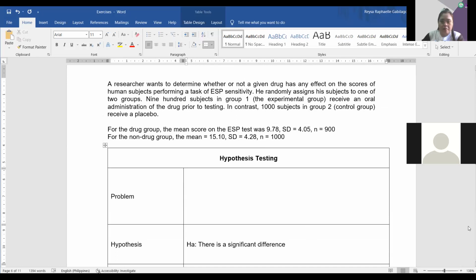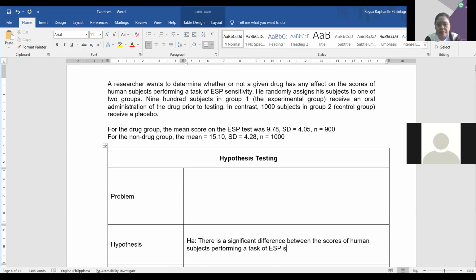Difference na kasi nagko-compare tayo between the scores of human subjects performing a task of ESP sensitivity in the experimental and what's the other one?